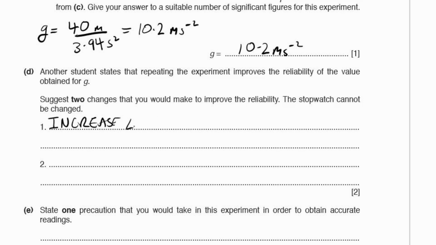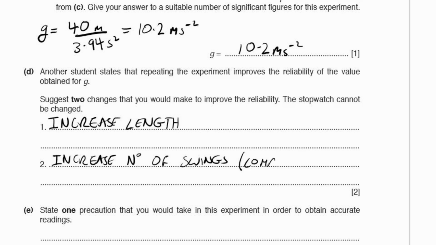If you increase the length, it'll take longer to swing, which makes your starting and stopping of the stopwatch more reliable. The other thing you can do that works incredibly well is increase the number of swings, of complete oscillations.